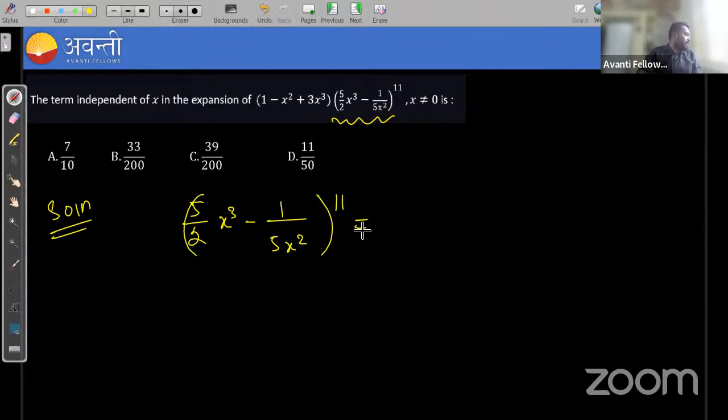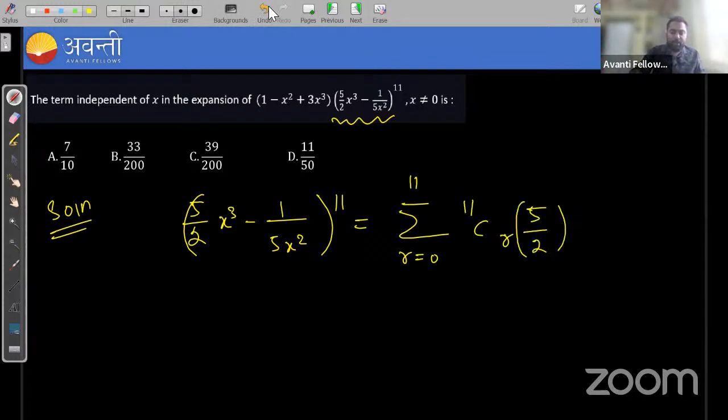Can you write the binomial expansion of this? What will it be? Summation r is equal to 0 to 11, 11 cr into 5 by 2 x cube whole to the power 11 minus r into minus 1 upon 5x square whole to the power r.